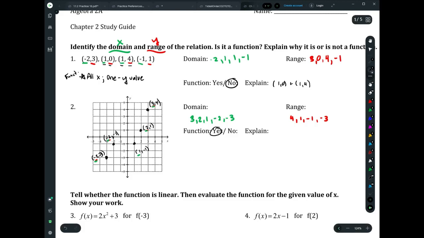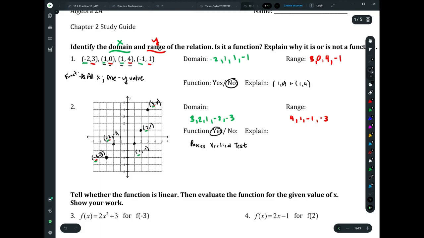One way you can tell is all the x values have different y values, and this also passes the vertical line test. The vertical line test is how you can tell through a graph.